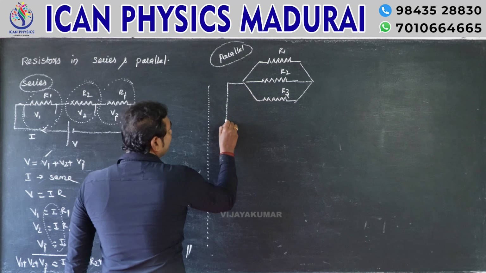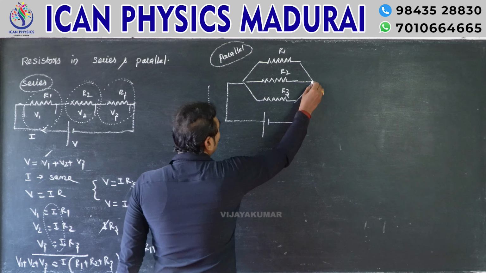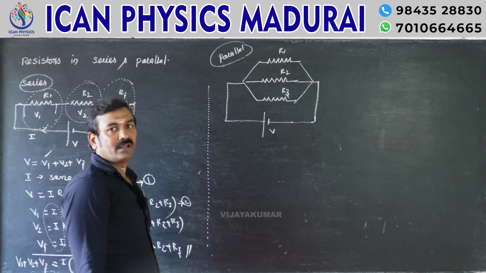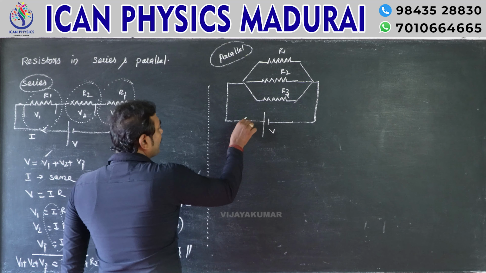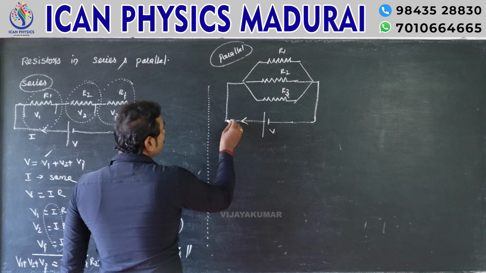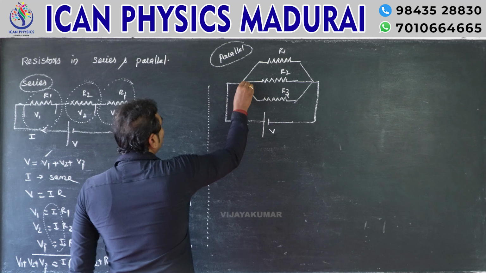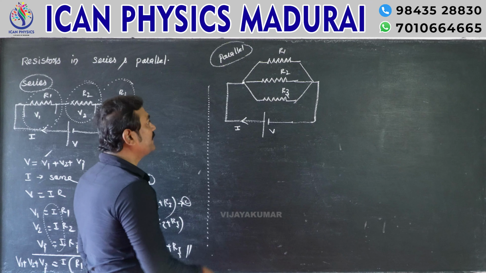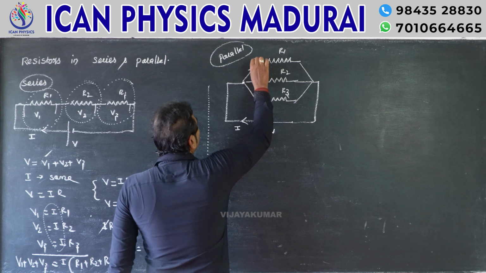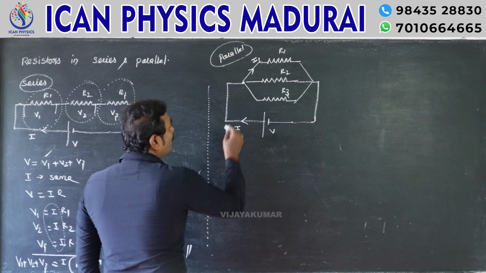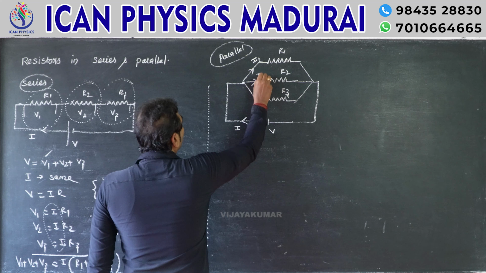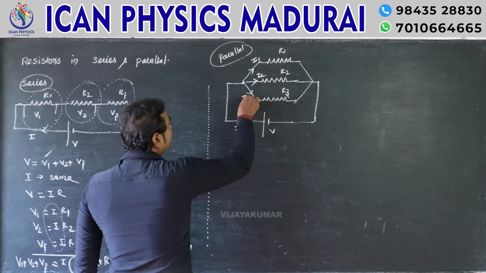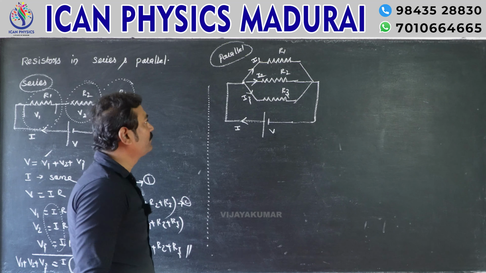When it is connected with the external source V, the current I flows and comes to the junction. When it comes to the junction, it splits into three. In the first arm, it is I1. In the second arm, it is I2. In the third arm, it is I3.